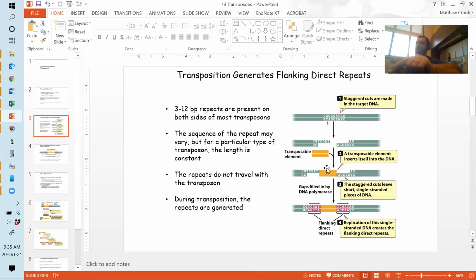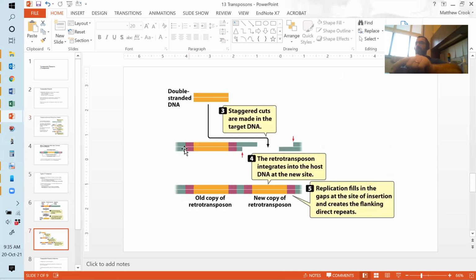It gets ligated into the break, and then these flanking direct repeats are created. So the last part of the mechanism is the same. It's how that new copy of the transposon is generated that's different. That's the retro part of the retrotransposon.